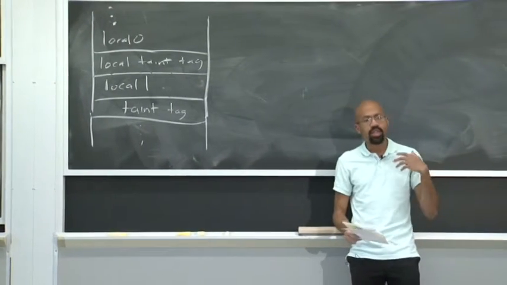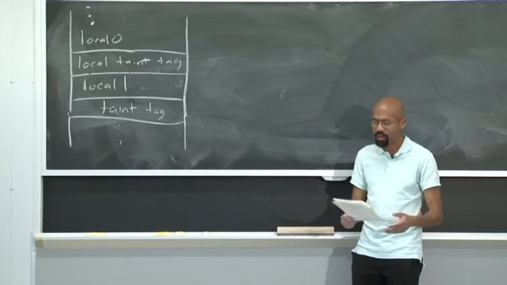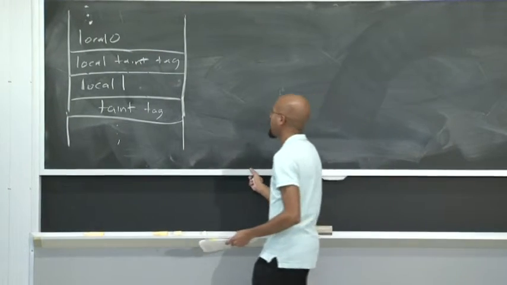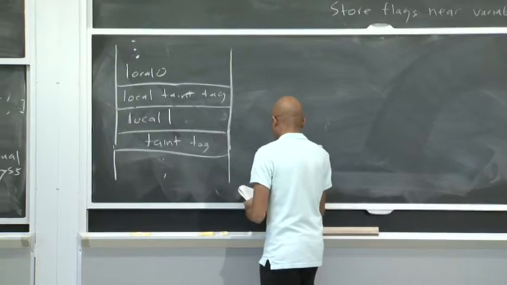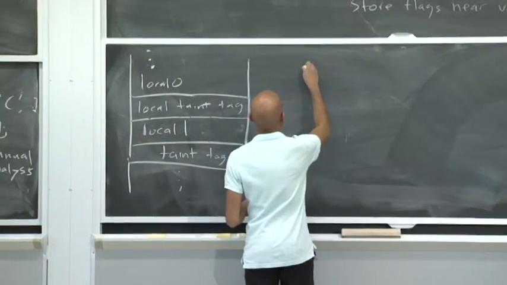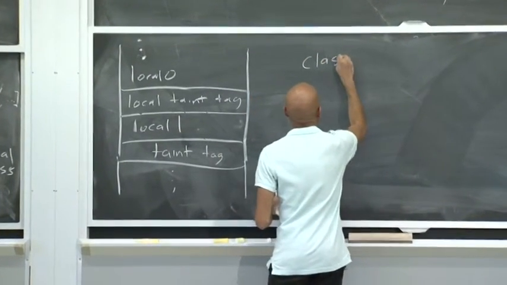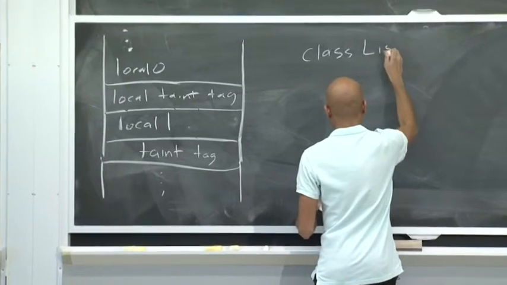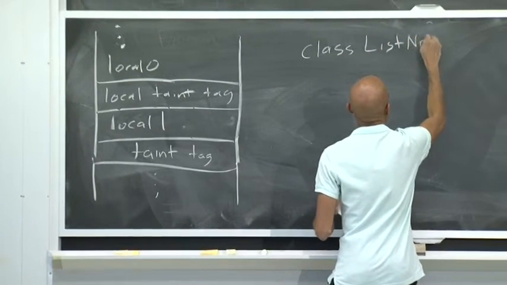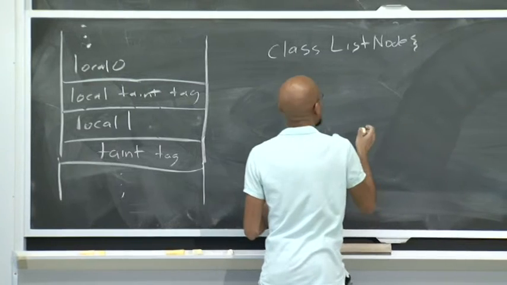Sometimes, though, these information flow rules can have somewhat counterintuitive results. So imagine that an application is going to implement its own linked list class. It's going to define some simple class up here called list node.